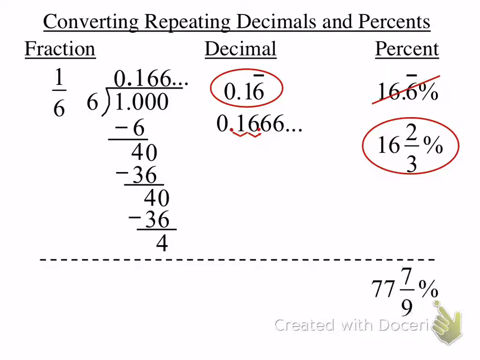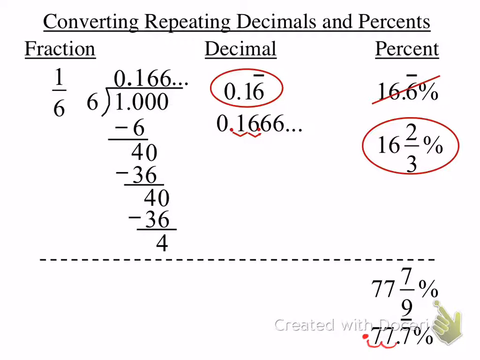All right, so here we are at 77 and 7/9%. Right away, just convert that. Say 77.7 repeated. Then we are moving our decimal 2 times to the right, once, twice, right? Okay, and what would that be as a decimal? Alina, how am I going to write that as a decimal?